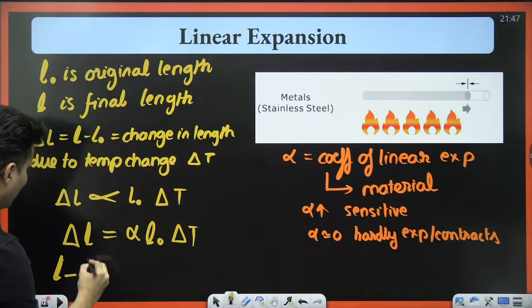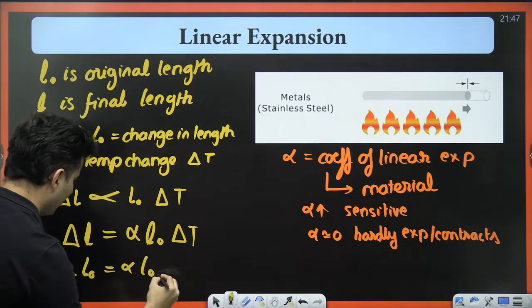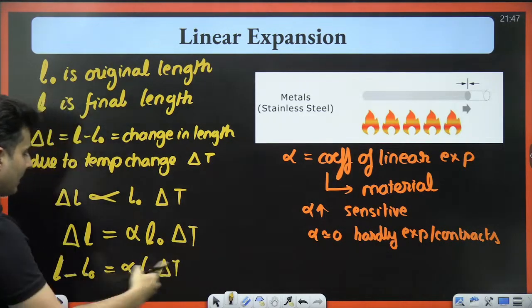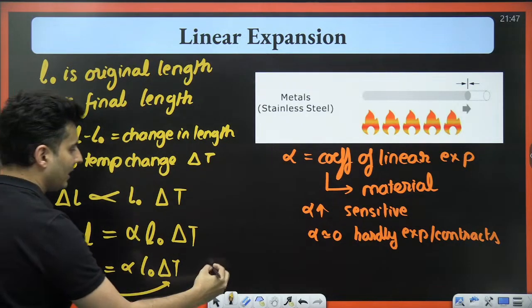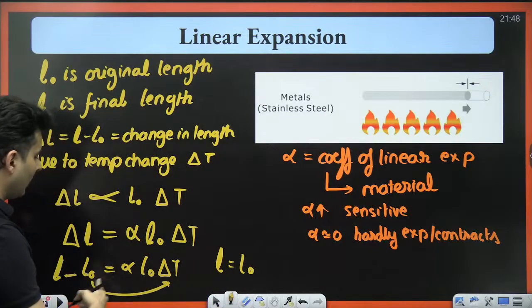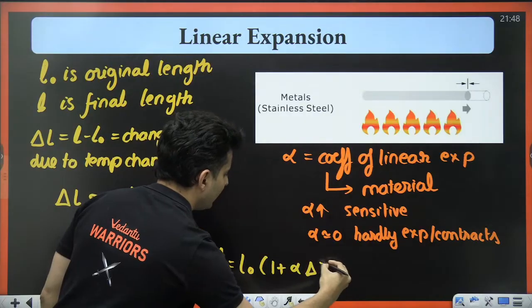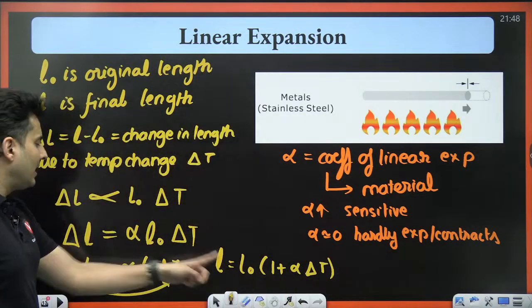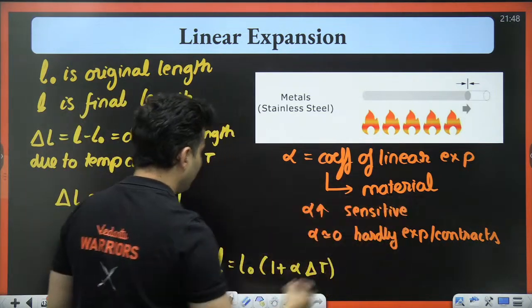So L minus L0 is equal to alpha L0 delta T. Rearranging further, if I take L0 on this side, I get L equal to L0 times (1 plus alpha delta T). This is the same as that, just written in a different form.